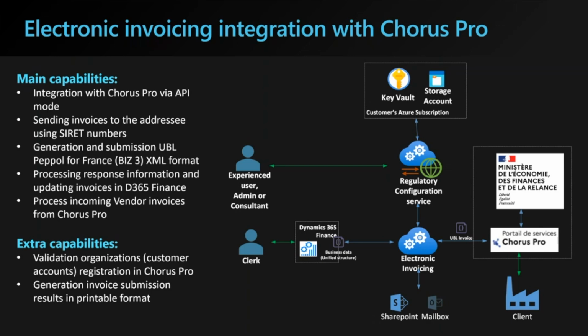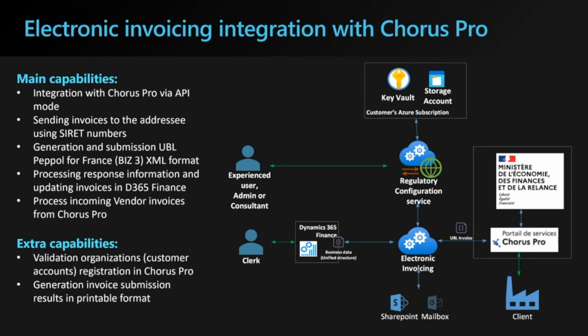Integration with Chorus Pro is done, as I mentioned, via API mode or service mode that requires authentication using user account credentials or user account secrets. These credentials and secrets will be stored as part of the setup in Azure Key Vault, which is fully managed by your organization.